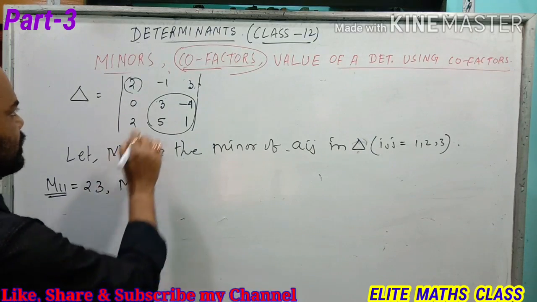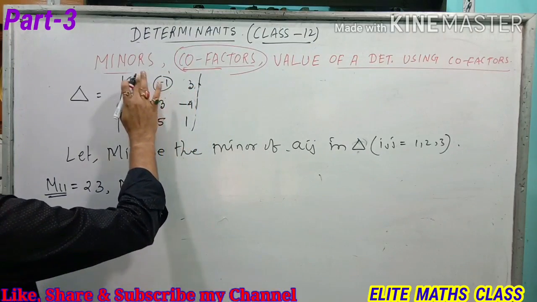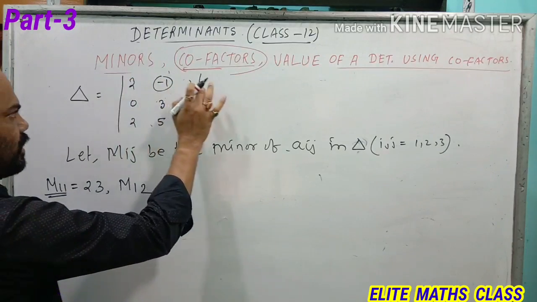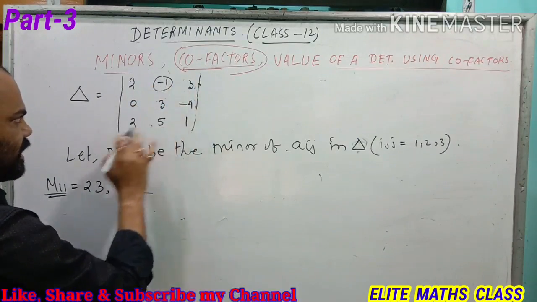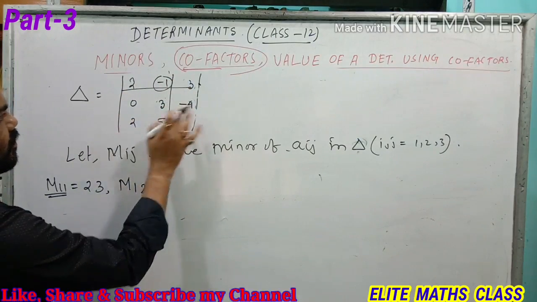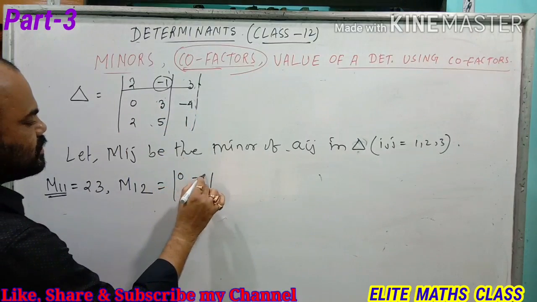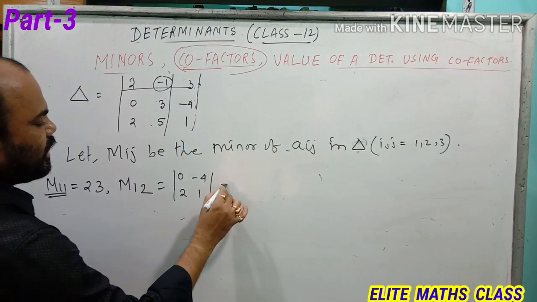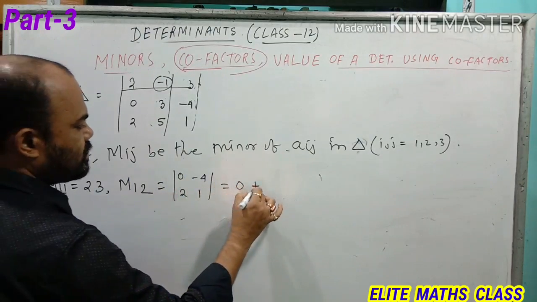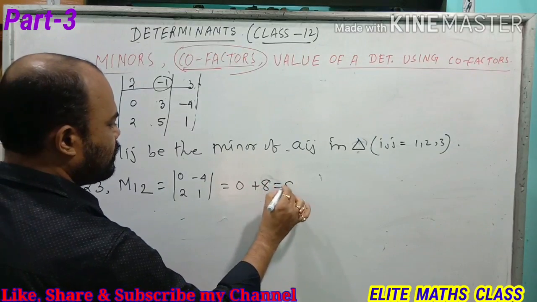Now we are finding M12. M12 is this position, this one. Now we are finding the minor of this one. See, this one lies in the first row and second column. Then which elements remain? These 4. So what will be the value? 0, minus 4, 2, 1. Expanding this, 0 minus, plus 4 into 2, 8.